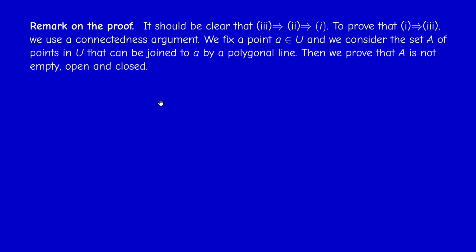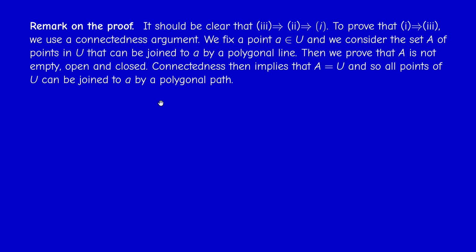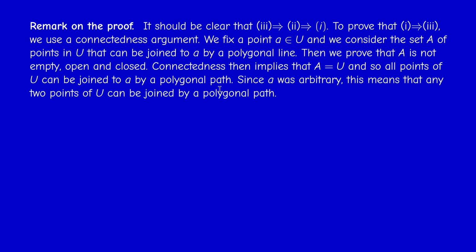Now since U is connected, by definition this implies that A is equal to U, and therefore all points of U can be joined to small a by a polygonal path. But since a was arbitrary, this means that any 2 points of U can be joined by a polygonal path.